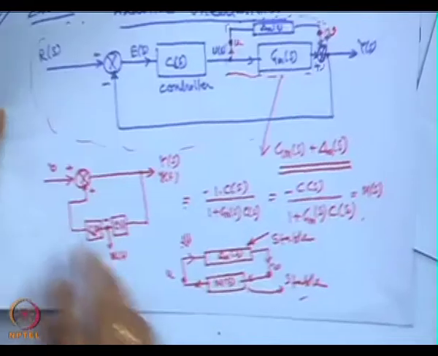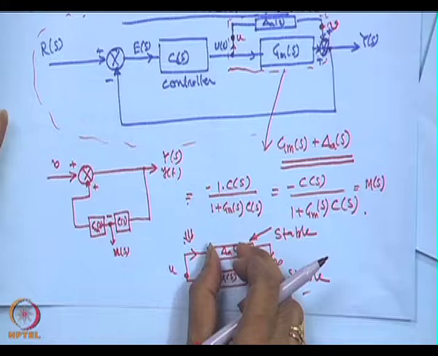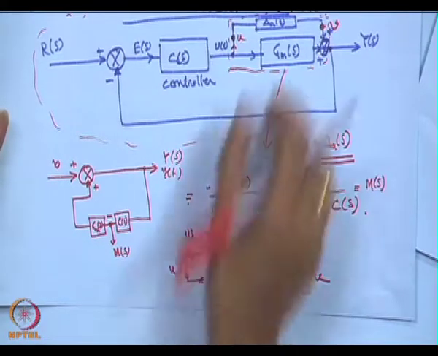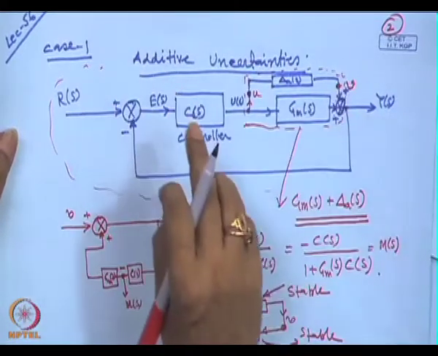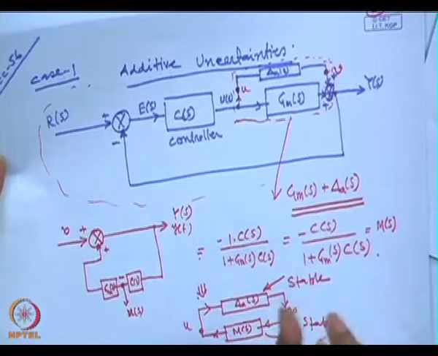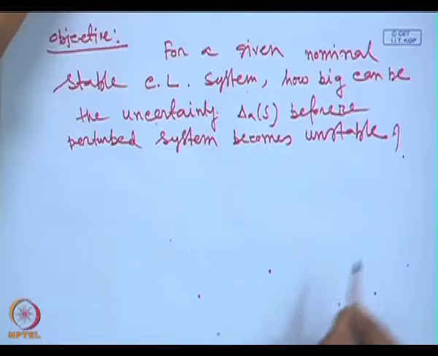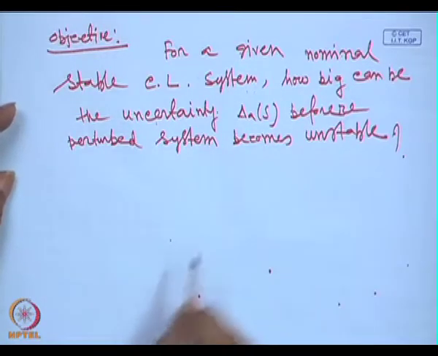That means, how big can that perturbation be so that the overall system becomes unstable. That perturbation upper limit we have to find out, so that the controller designed based on the plant model will stabilize it.